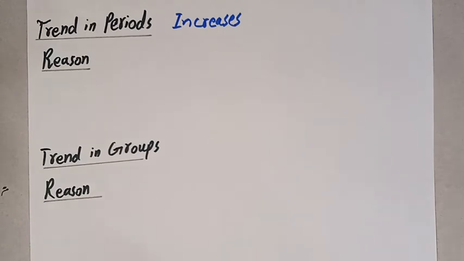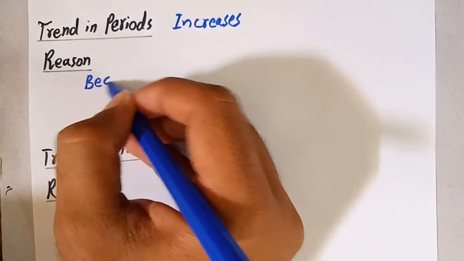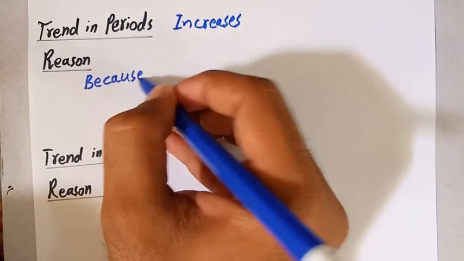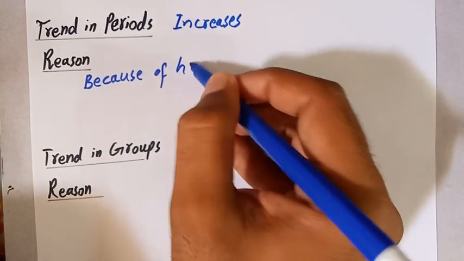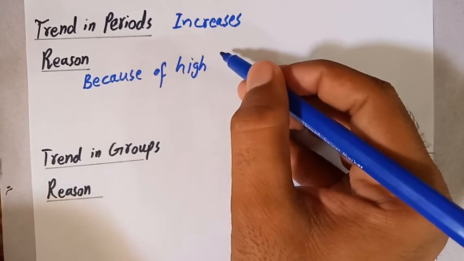But how does it increase in a period? It increases in a period from left to right because of higher shielding effect or nuclear charge.